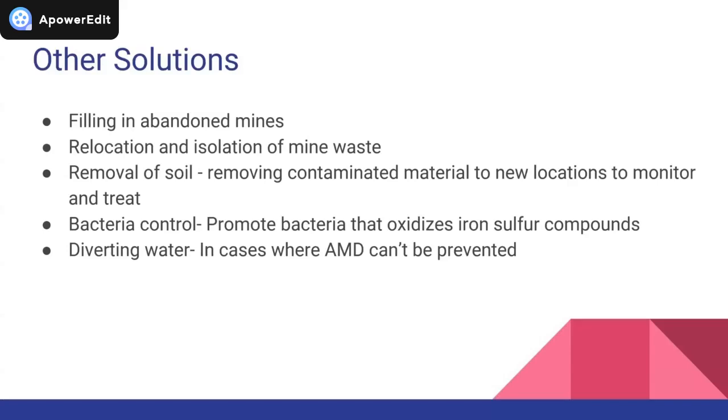So in this instance, bactericides will be introduced to help get rid of these bacteria. And in some cases, organic waste will be added to provide an alternative energy source as a means of improving AMD treatment. And it will help produce oxygen-free conditions to prevent the further formation of sulfuric acid.